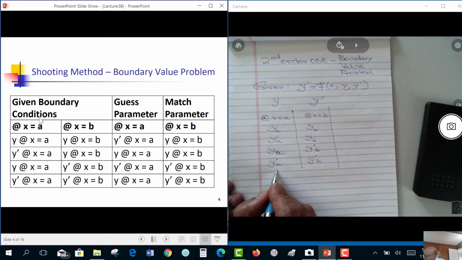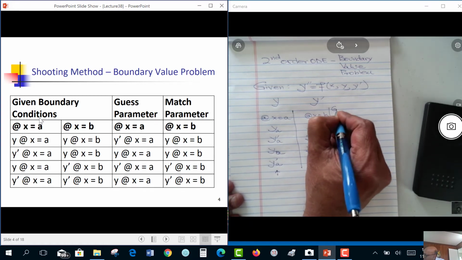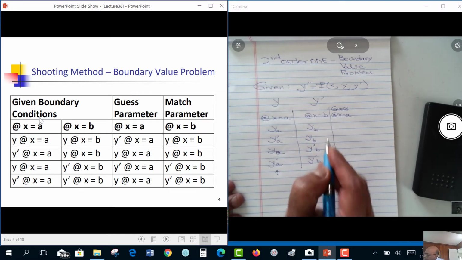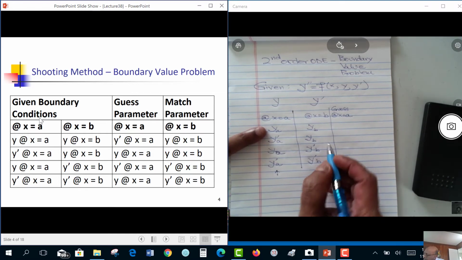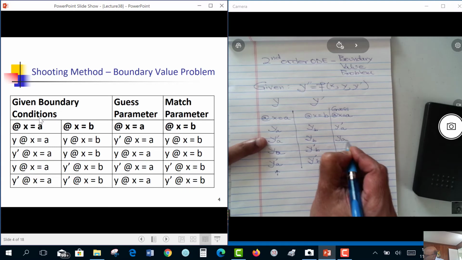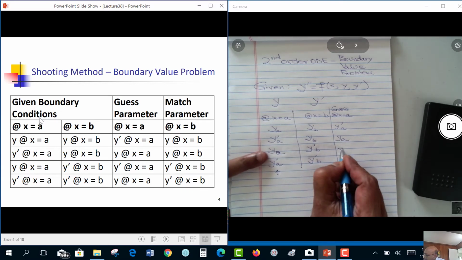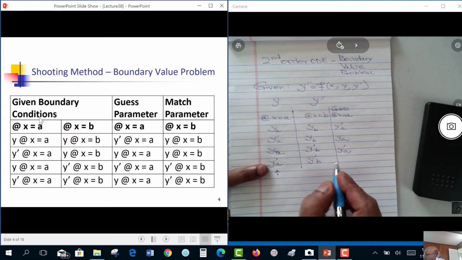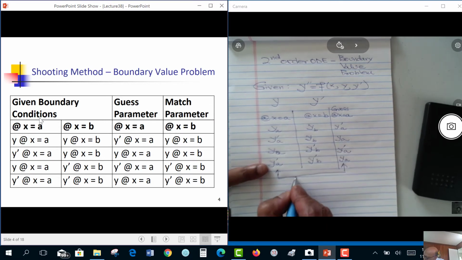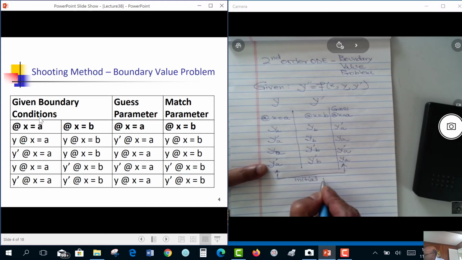So what we do is, whatever we don't know at a, we use as a guess. So we guess the other initial condition at x is equal to a. If we are given y at a, we are going to guess y prime at a. If we are given y prime at a, we will guess y at a. So now we will have our initial conditions. We have converted our boundary value problem into an initial value problem that we can solve.